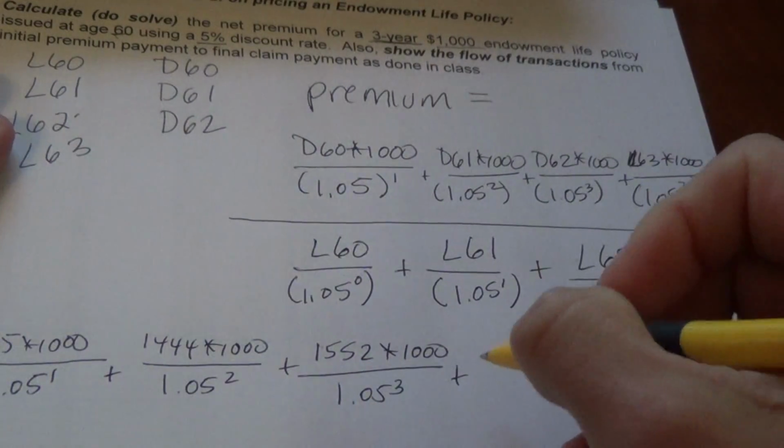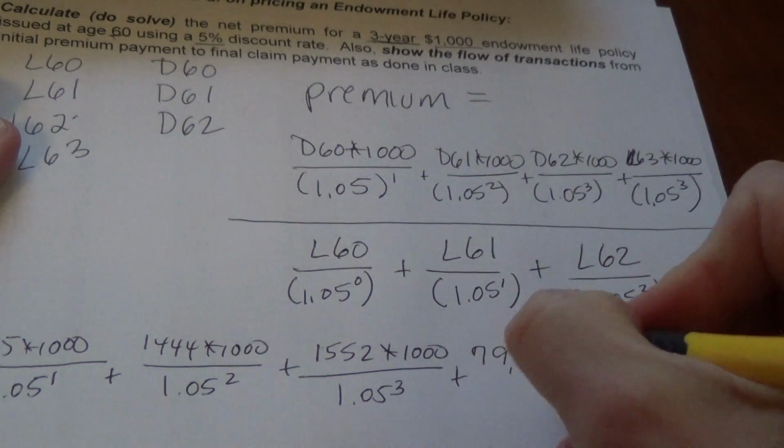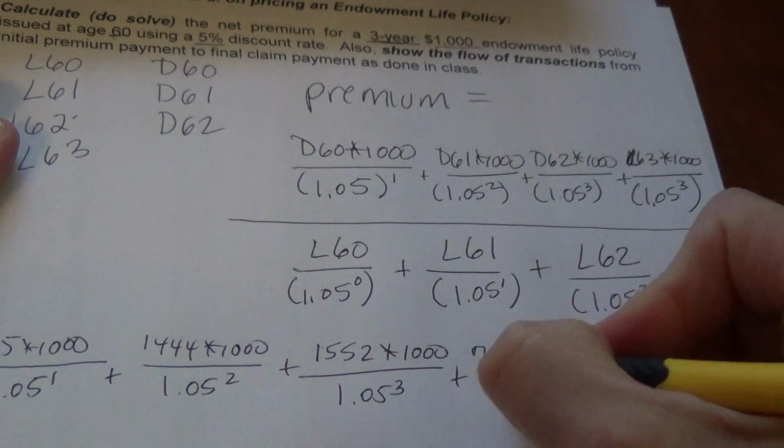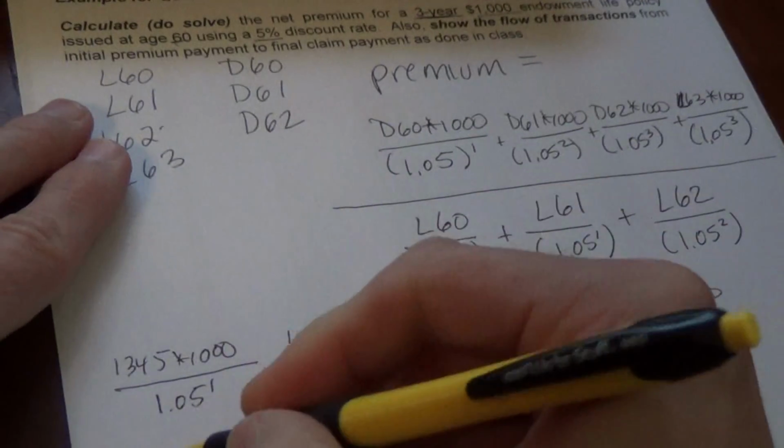And then my L63 is 79,321. We'll pay each of them $1,000, and that's also divided by 1.05 to the third power.